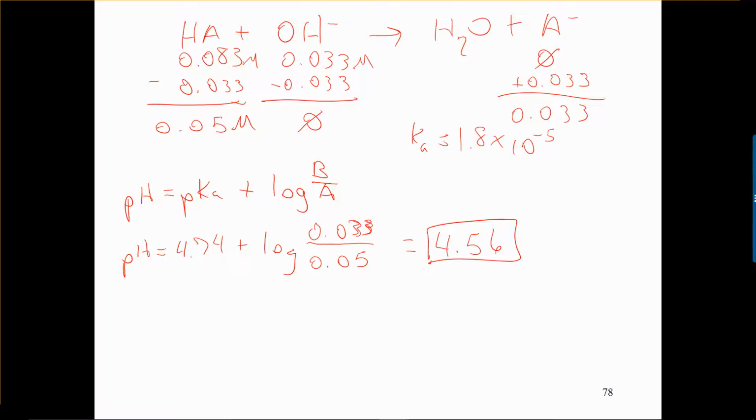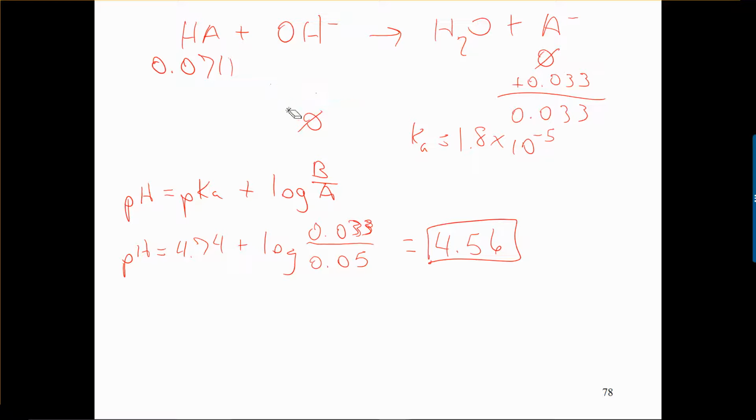Okay, what did you guys find for the concentration of the acid in this case? What's the new concentration of the acid? And for the OH minus base?